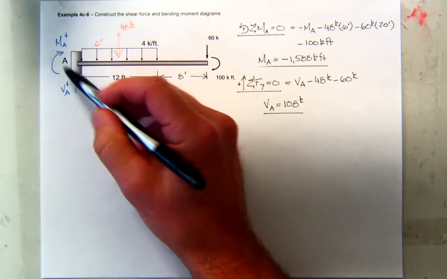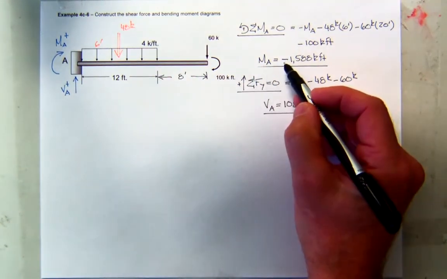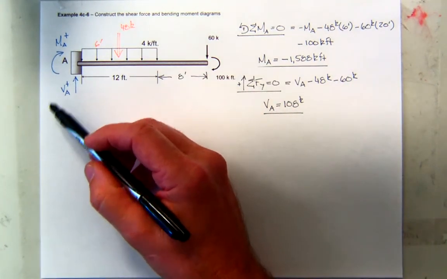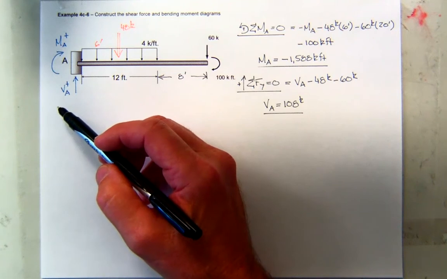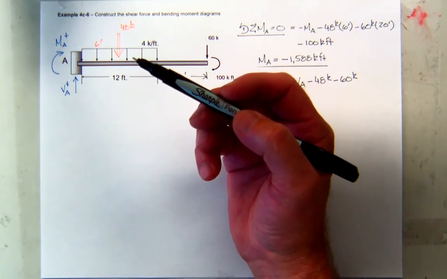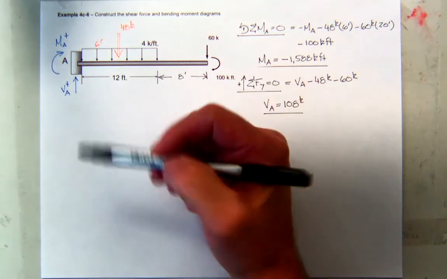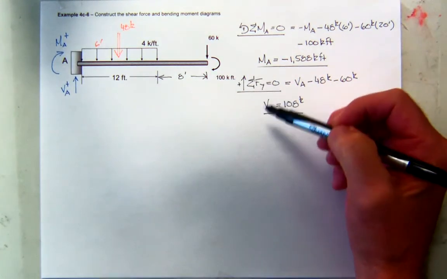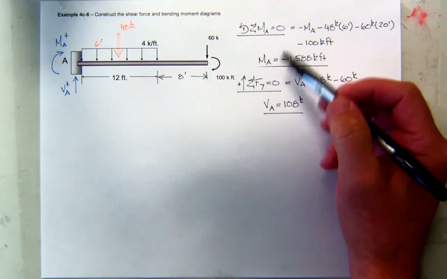So since I assumed positive and I got a negative, then I know it's a negative bending moment. So if I actually drew it on the diagram correctly, it would be the other direction. Okay. But I don't know that when I start, whether it's positive or negative, right? So I always like to assume positive and let the sign show up in the statics equation to tell me whether it's positive or negative.